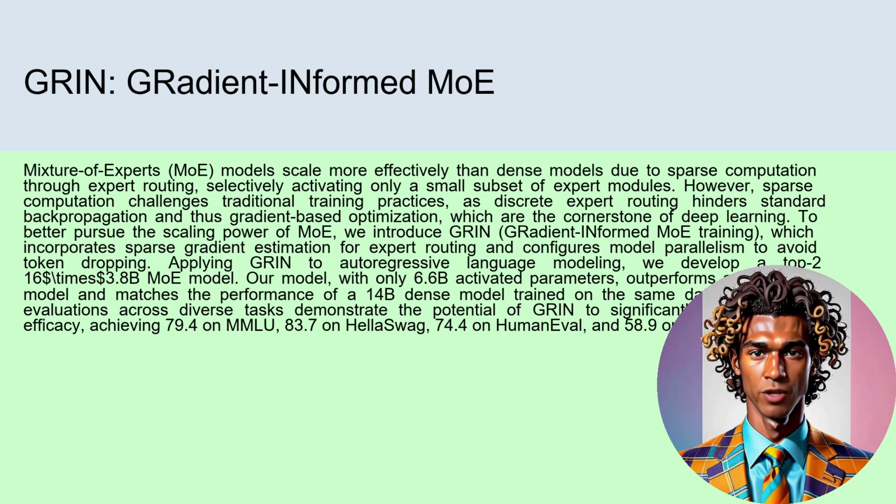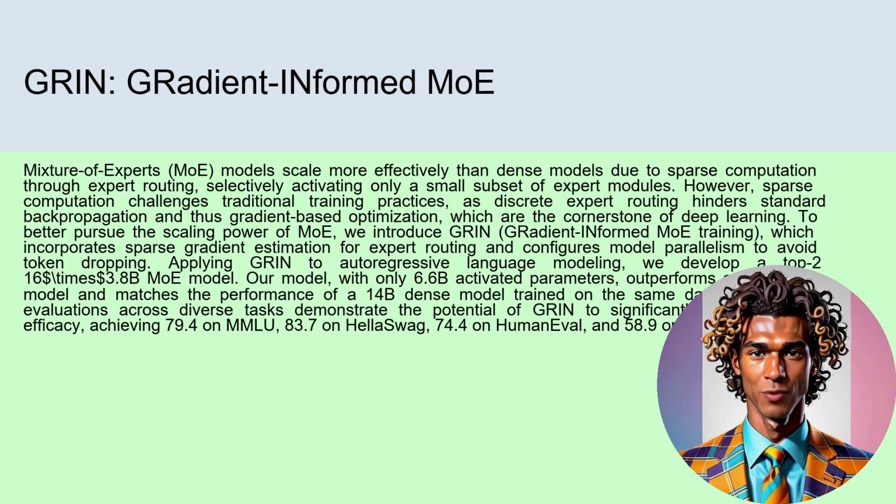Moreover, the model utilizes parallelism to avoid token dropping. This approach allows GRIN to surpass the performance of dense models while being significantly smaller, proving its efficiency. For instance, GRIN-based MoE models outperform a 7 billion parameter dense model while being only 6.6 billion parameters.